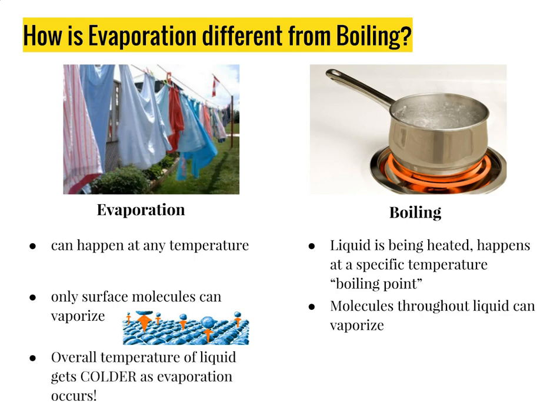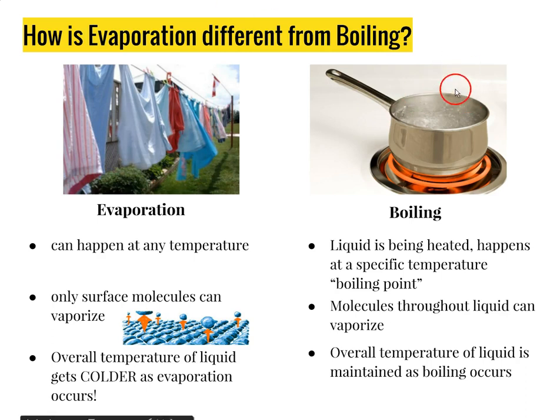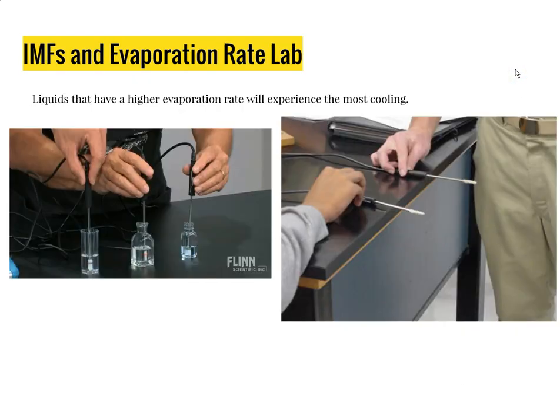For evaporation, the overall temperature of the liquid gets colder as evaporation occurs, for the reason we just talked about: the hot molecules leave and the cold ones are left behind. In boiling, the overall temperature of the liquid is maintained as boiling occurs. As you boil water, it's going to get to 100 degrees Celsius, and it's going to stay at 100 degrees Celsius. Even though water molecules are leaving the system, the overall temperature of the liquid stays the same.